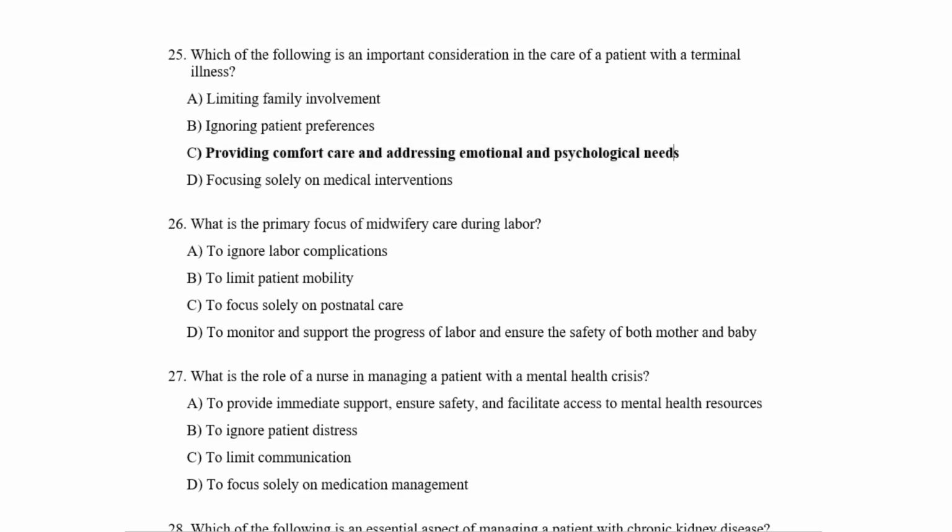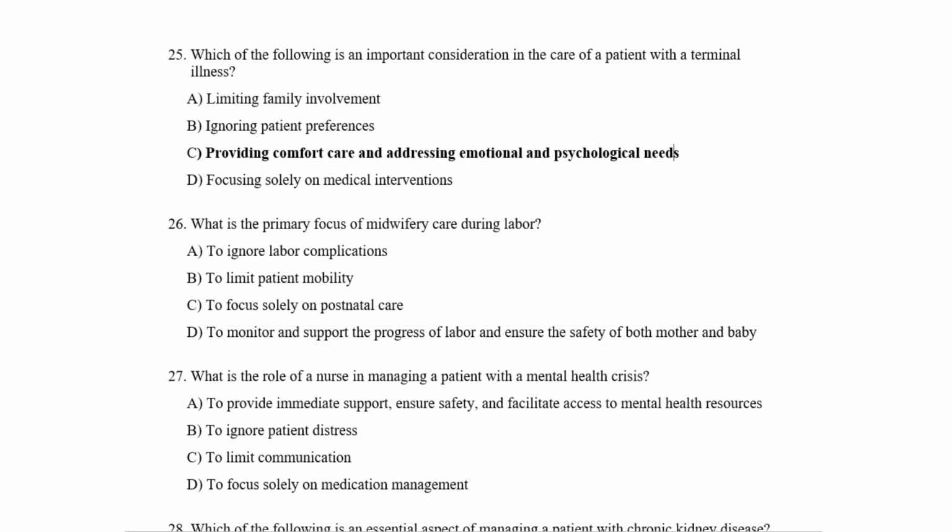वेल त्यसै गरी हामी क्वेशन नम्बर 26 मा हेरौं त. What is the primary focus of midwifery care during labor? Option A मा रहेछ to ignore labor complication. Option B मा रहेछ to limit patient mobility. Option C मा रहेछ to focus only on the postnatal care.